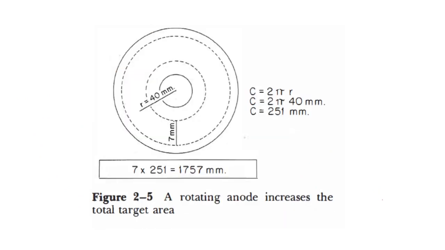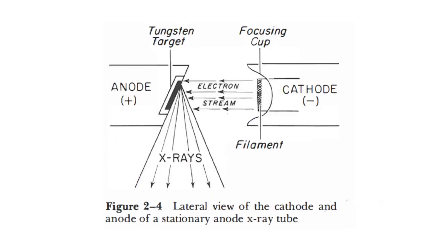Right. What actually happens is, if you see this tungsten, there are two major problems in this tungsten copper anode. Number one, heat dissipation. This heat generated at the anode is one of the properties which is limiting the X-ray tube usage.